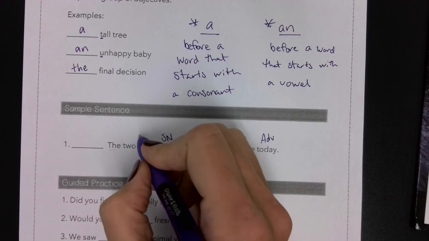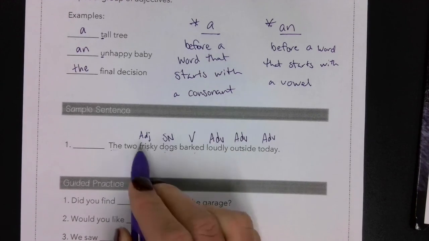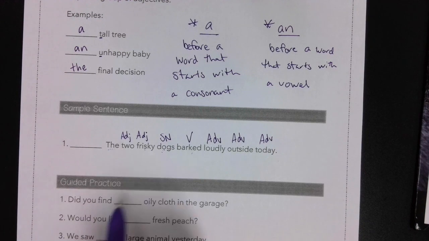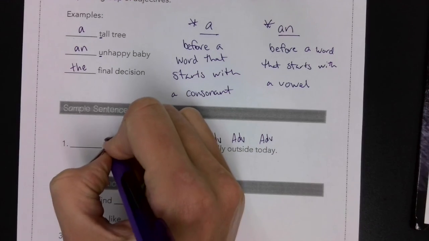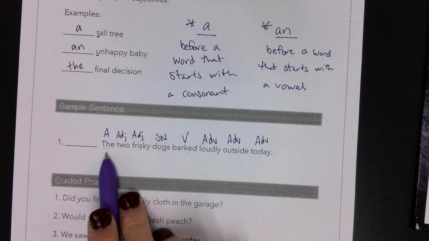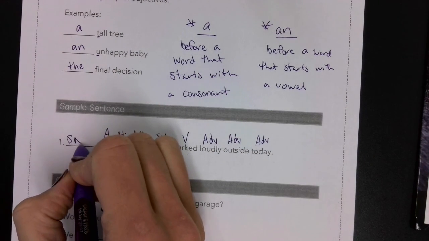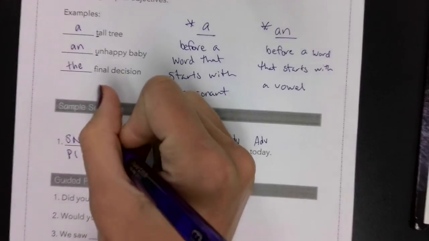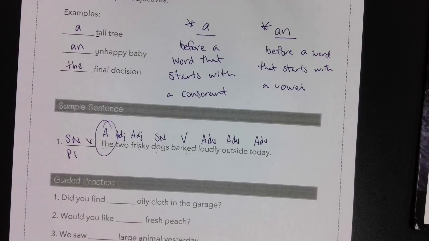What kind of dogs? Frisky. Adjective. How many dogs? 2. Adjective. The. Article adjective. Here, so we just said the. Article adjective. Subject noun, verb, pattern 1. Excellent. So the is our article adjective, and we just say the word and then write an A above it for article adjective.